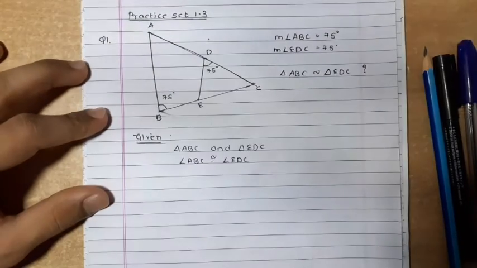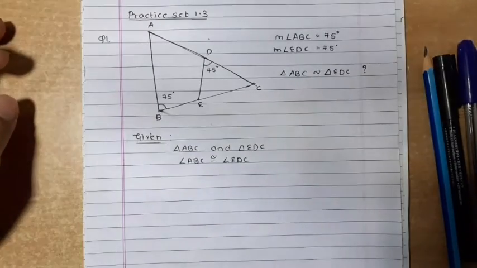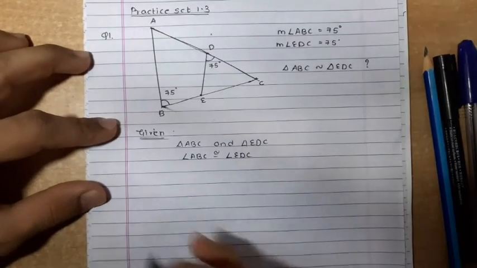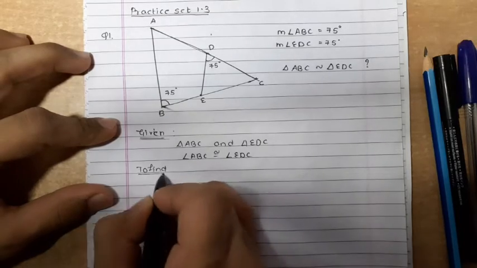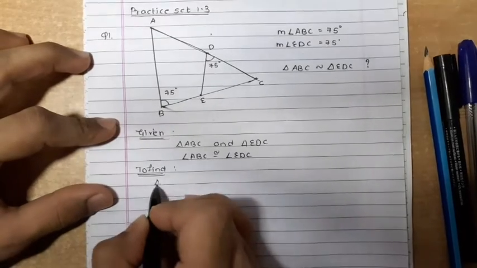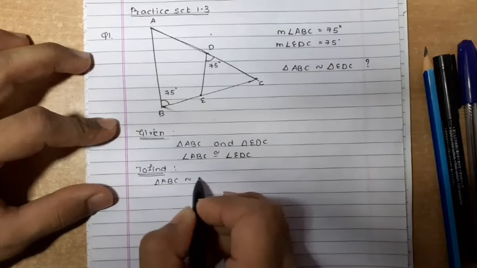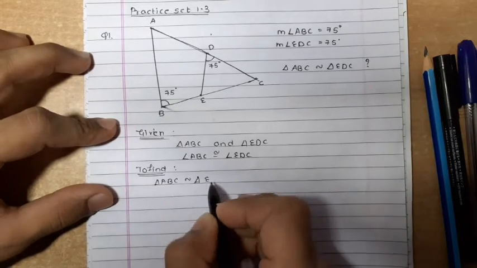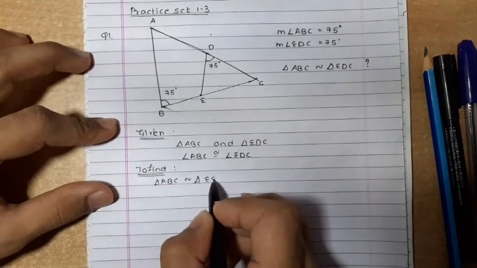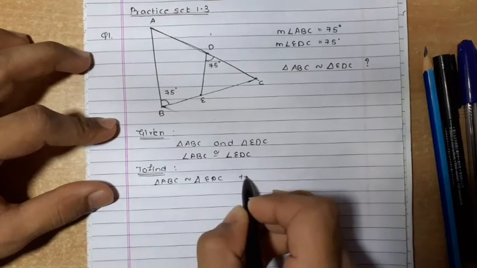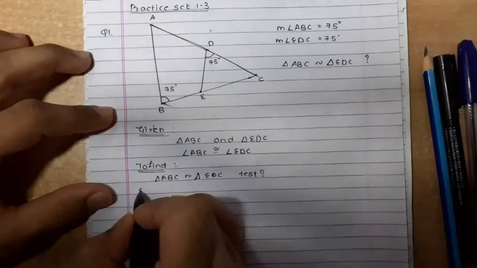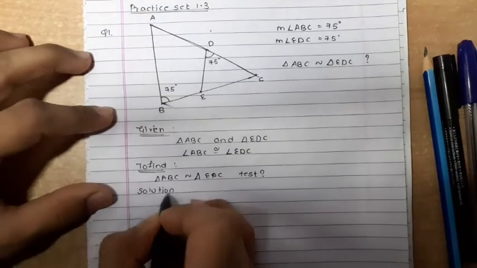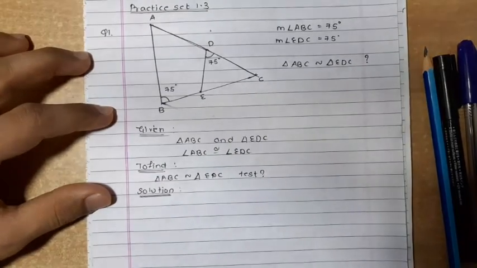No. So, what are we asked to find? Whether triangle ABC is similar to triangle EDC by which test. Solution. Let's write the solution together.